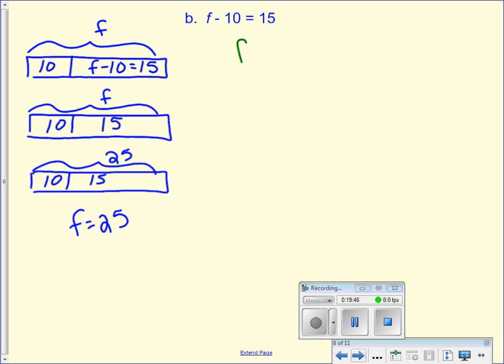So now to solve it algebraically, I'm going to do the inverse operation, so I have to add 10 to both sides. So on the left, that gives me F. And on the right, that gives me 25.